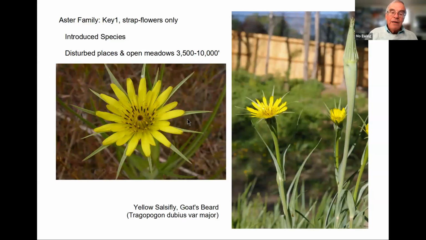And then what I did is I pulled off one of the strap flowers, and one of these things that looked like a disc flower was the actual flower that went with that strap. So it was a strap only, which is Ackerfield's key 1, ray flowers with milky sap.